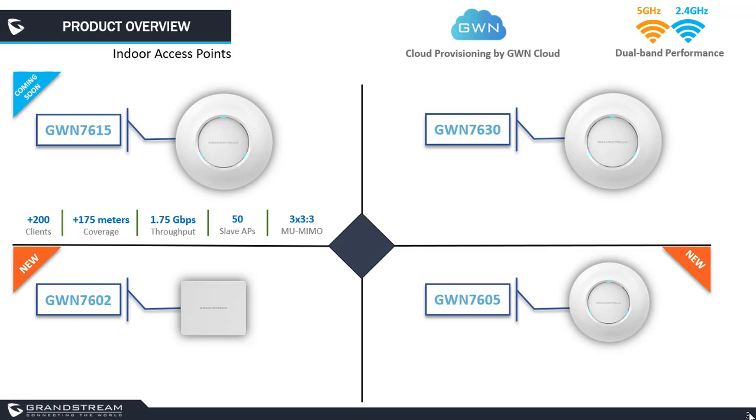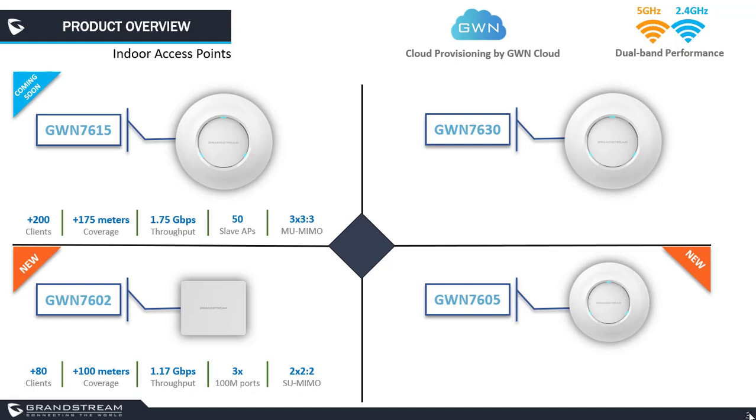You can use the embedded controller to manage up to 50 other access points as slave APs. And this model is built with 3x3. In other words, it comes with 3 antennas for reception and 3 antennas for transmission using the multi-user multiple inputs, multiple outputs, or what they call MIMO technology.